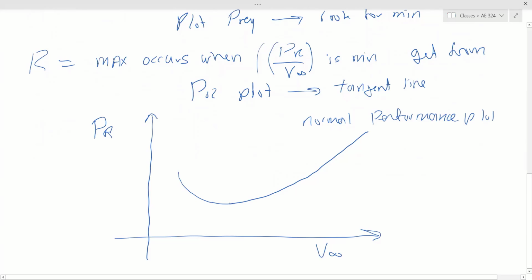And this minimum point then is the velocity that we would want to fly at to get maximum endurance. And then if we draw a tangent line through the origin and move it so that it's just tangent here, then that point is where we get maximum range.